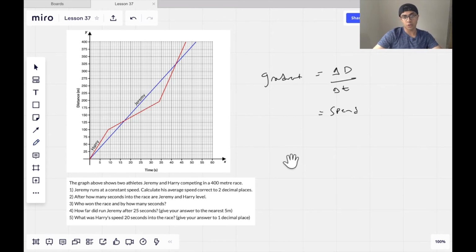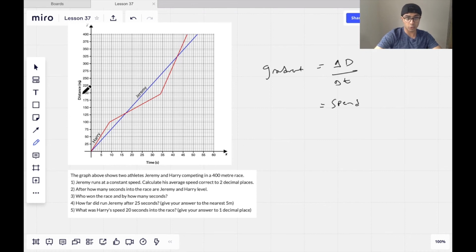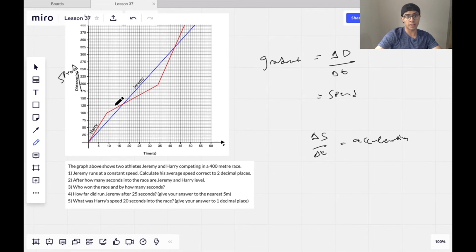And if we have, for example, speed instead of distance, the gradient in that case would be change in speed over change in time, right? And again, if you know your physics, that's just acceleration. So the gradient of a speed time graph is acceleration. Also, the area underneath a speed time graph is the distance traveled.